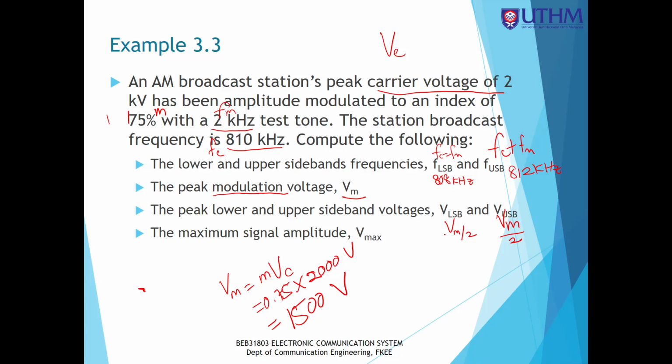So the AM signal has been modulated with a sine wave. So we are using sine function. The effective power PC, okay, the effective power PC is 745 milliwatt, and each sideband PUSB and PLSB is 125 milliwatt. Compute the following.